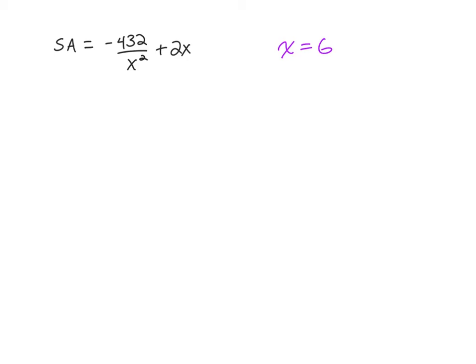So if we use a number line, I put the critical value here on the number line. We know we can't go past 0 because you have to have some actual length to the base.